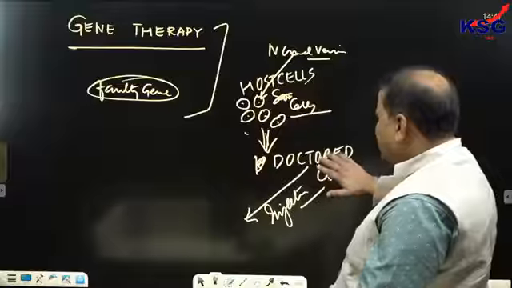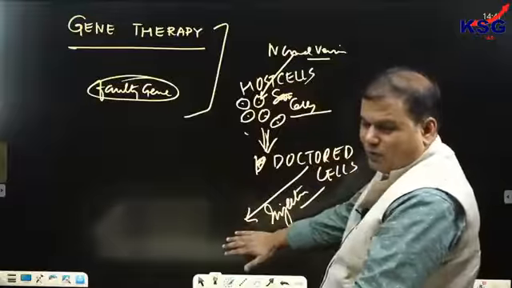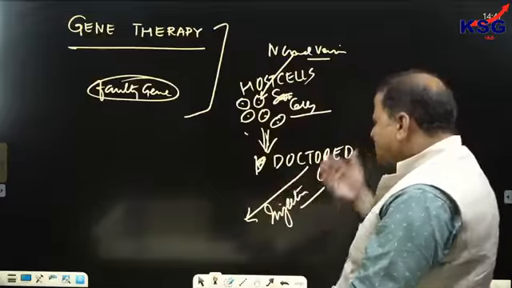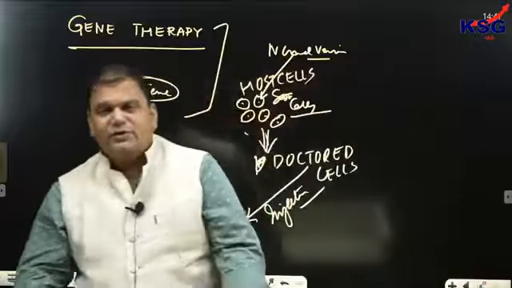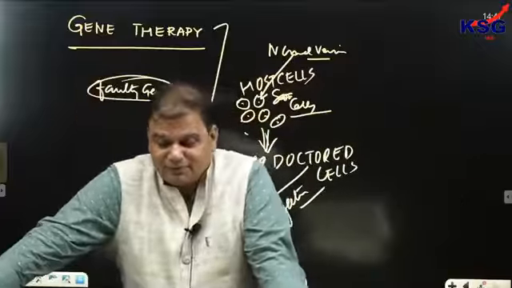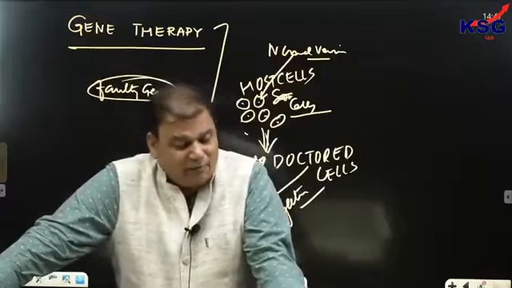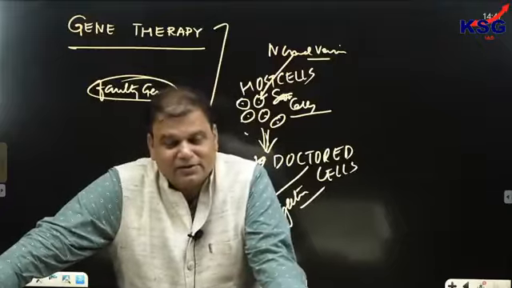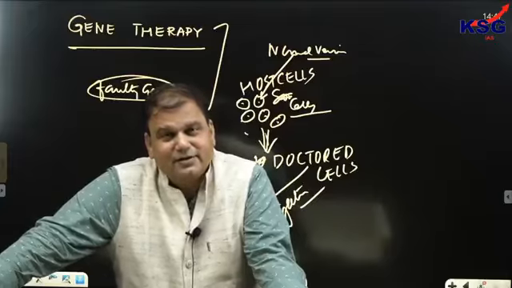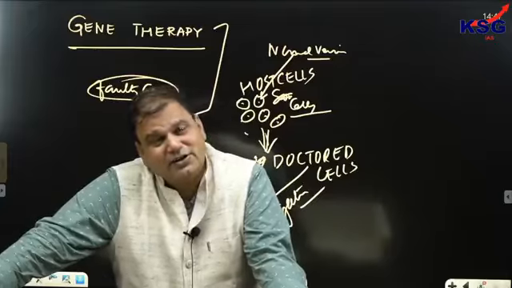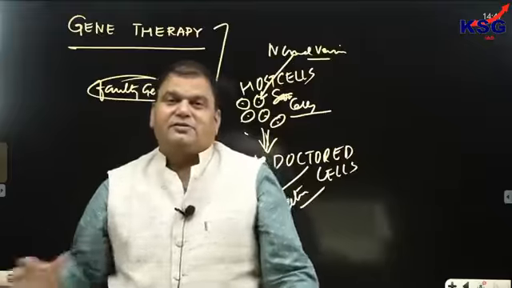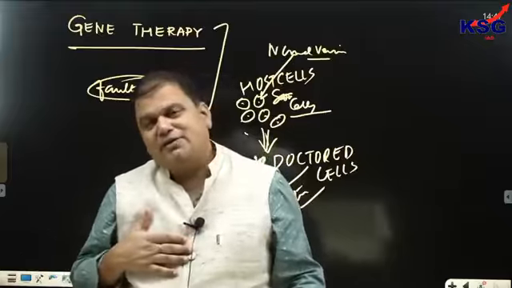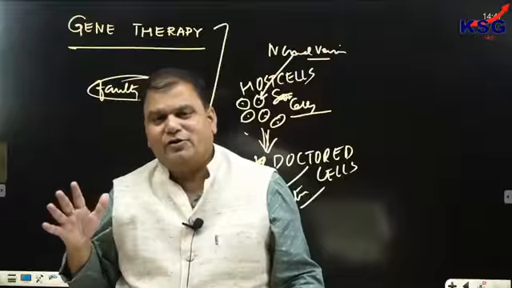Now, these doctored cells would be injected into the body of the patient. Now, when these cells replicate inside the body, then the disorder would be gradually removed. But there's a problem in this. The problem is that, see what happens if suppose I am the patient and gene therapy is conducted on me, I would be cured.